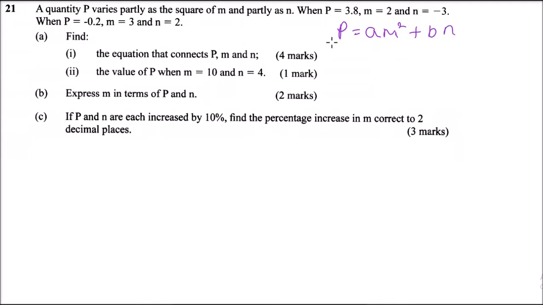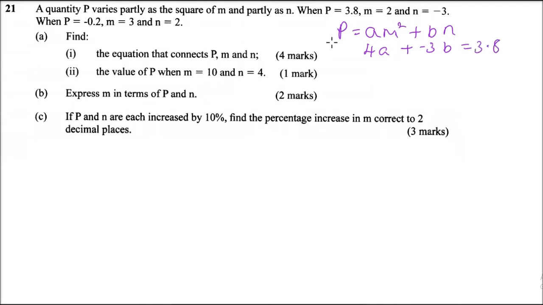So what we do, we replace the values of P, m, and n. So when m is 2, that means it is 4a plus, n is minus 3, so we have minus 3b is equal to P, which is 3.8.